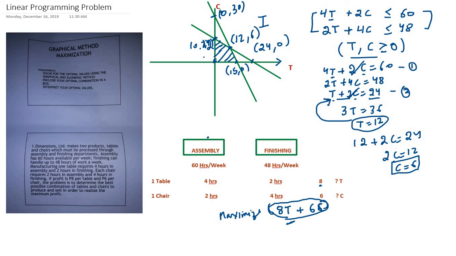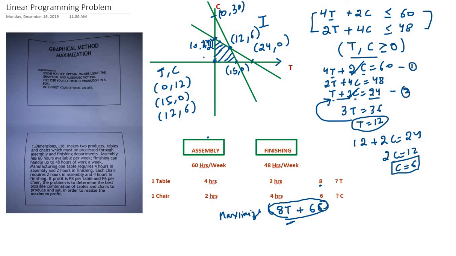So now let's put the different values. We are working like this, t comma c, and this first corner is 0 comma 12, then the second corner is 15 comma 0, and the third one is 12 comma 6.